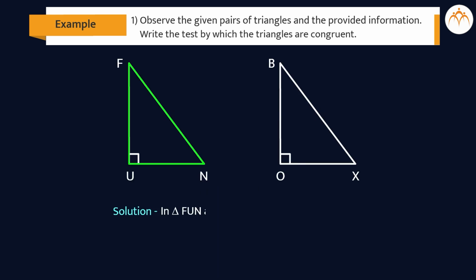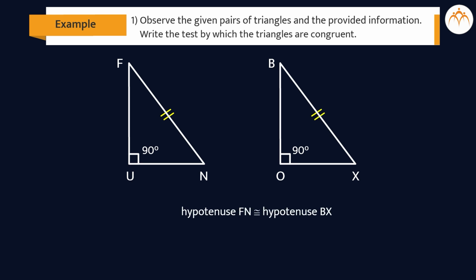In triangle FUN and triangle BOX, angle FUN is 90 degrees and angle BOX is 90 degrees. Hypotenuse FN is congruent to hypotenuse BX and segment FU is congruent to segment BO. Therefore, triangle FUN is congruent to triangle BOX by the hypotenuse side test.